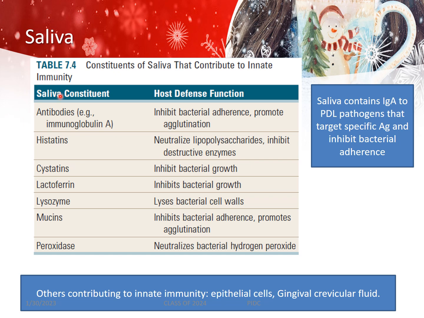Saliva has a lot of constituents such as antibodies, immunoglobulin A, histatins, cystatins, lactoferrin, lysozymes, mucins, and peroxidase, which contribute to innate immunity. Mostly the major one is immunoglobulin A, which is targeted against the periodontal pathogens. Others contributing to innate immunity include epithelial cells and the gingival crevicular fluid.